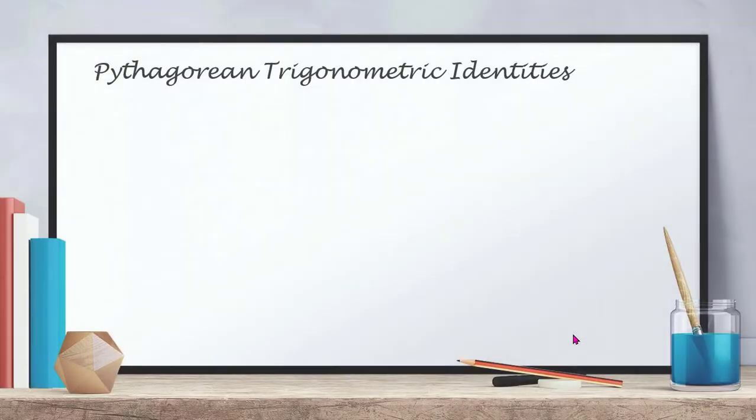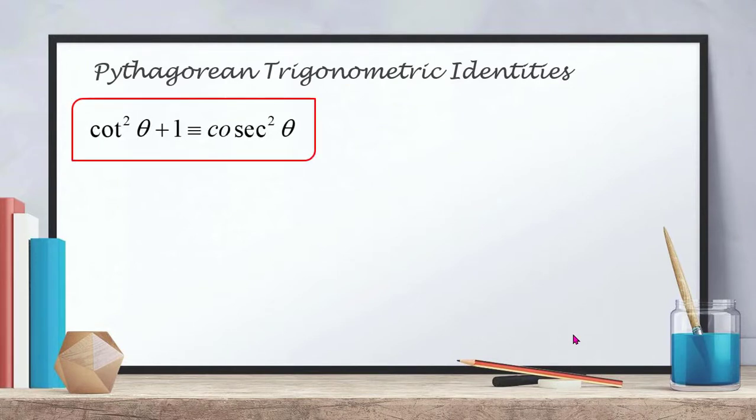And our third Pythagorean trigonometric identity is derived in the same way. So it is cot squared theta plus 1 being identical to cosec squared theta.